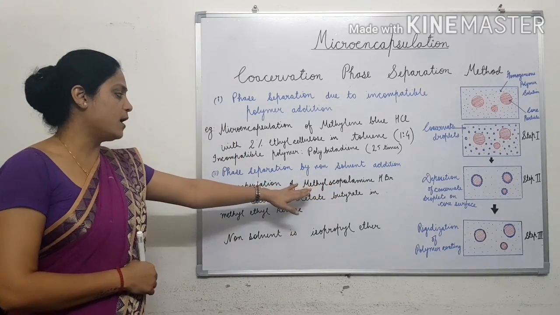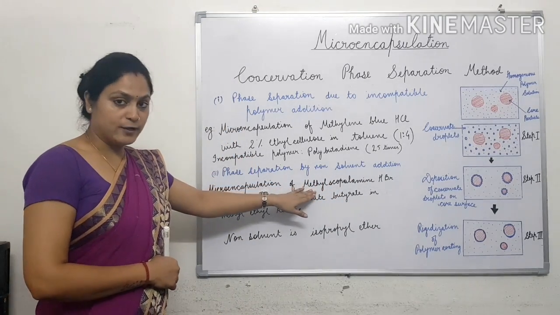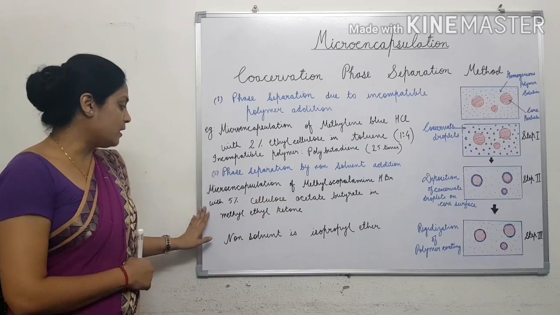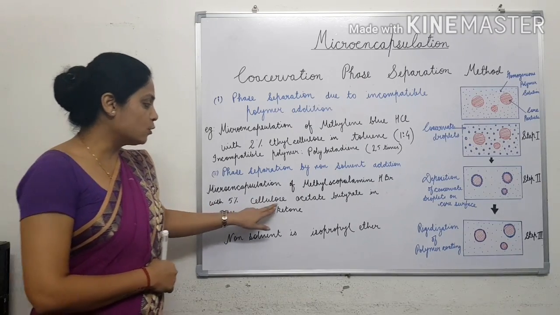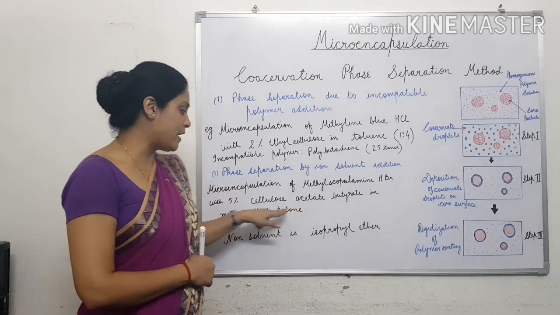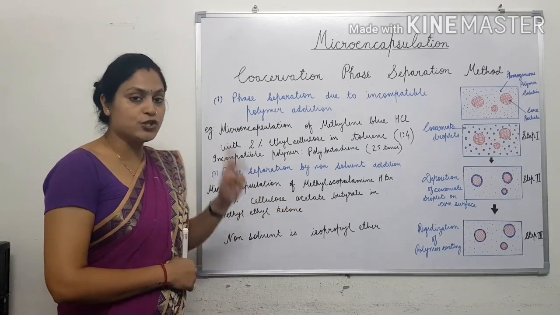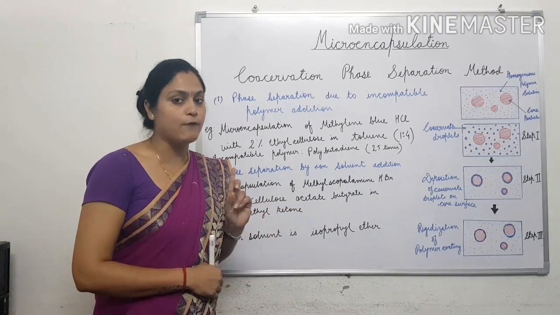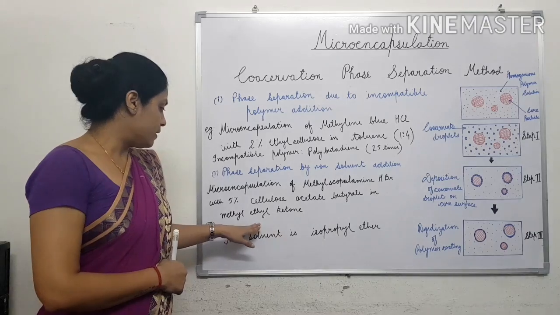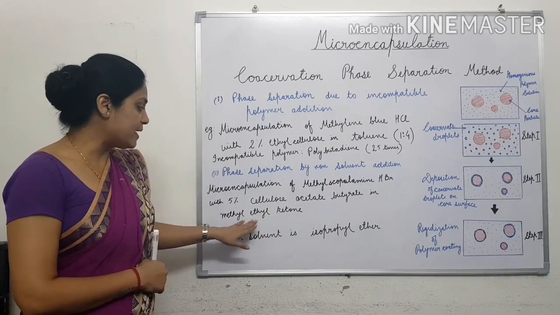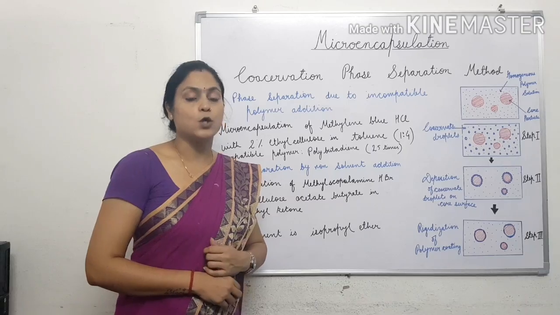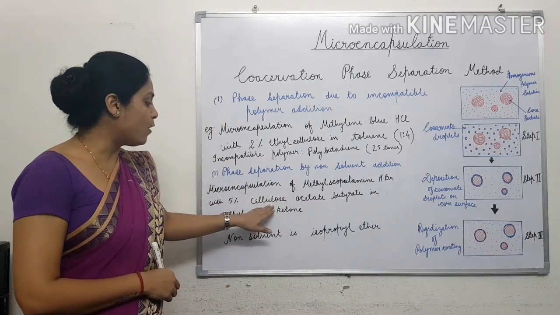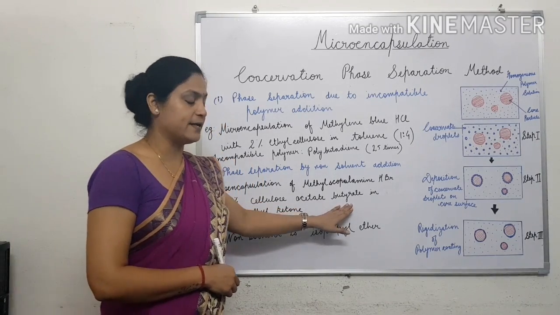Now this drug can be microencapsulated with the help of a coating polymer, which is 5% cellulose acetate butyrate. This is a coating polymer and its solution is made at a concentration of 5% in the solvent methyl ethyl ketone. Methyl ethyl ketone is the solvent for the coating polymer cellulose acetate butyrate.